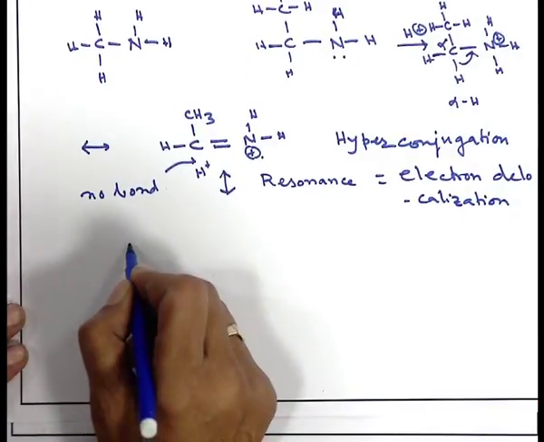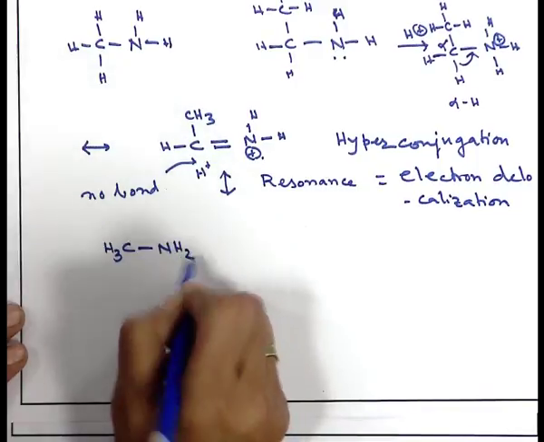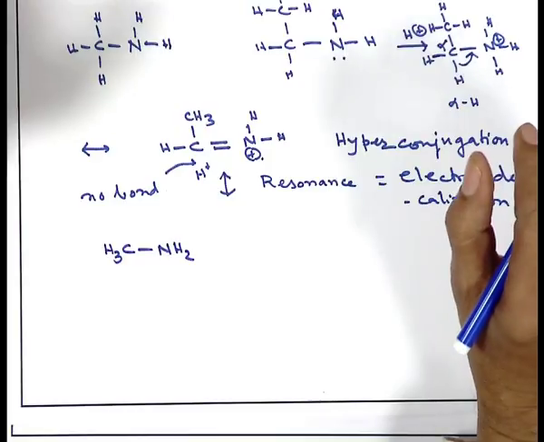Now, let me take a very simple example. The simplest compound, methylamine, is a nitrogen-containing organic compound. It has a methyl group and an amine group. If we substitute the hydrogen atoms of the amine group by the methyl group, the electron density increases by hyperconjugation and also by inductive effect, because there is an electronegativity difference between carbon and nitrogen.